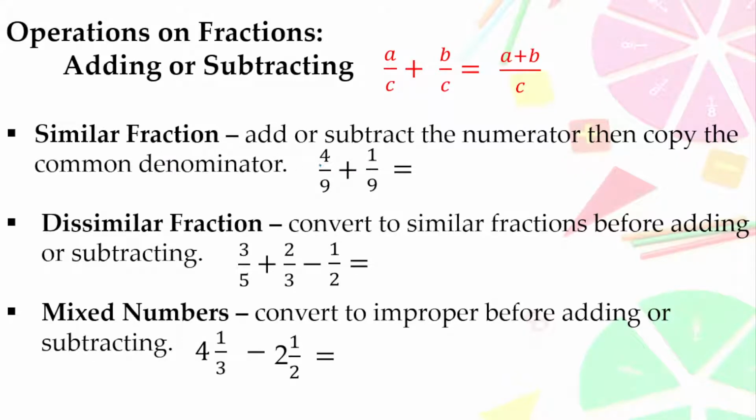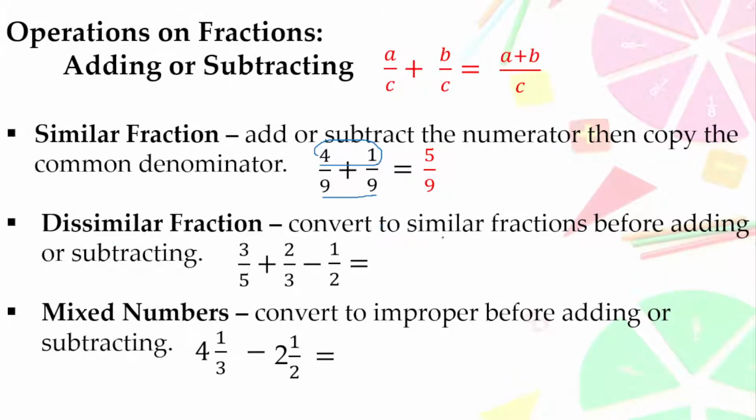You just need to add the numerator and then simply copy ang kanyang denominator. So, 4 plus 1, we get 5. And then, copy the denominator, which is 9. Then, we will get 5 over 9. Okay?